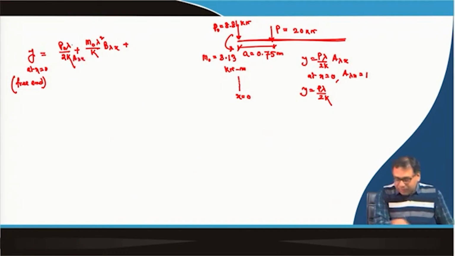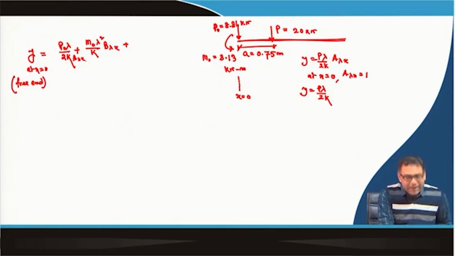Later on I will put the values, but now I am writing the general equation. So, for this concentrated load, P0 lambda by 2k A lambda x, for this concentrated moment, m0 lambda square by k b lambda x, and then for this concentrated force P, lambda by 2k into A lambda x.